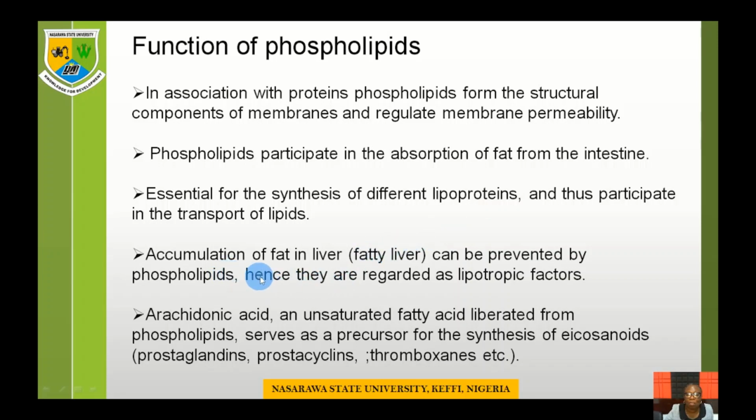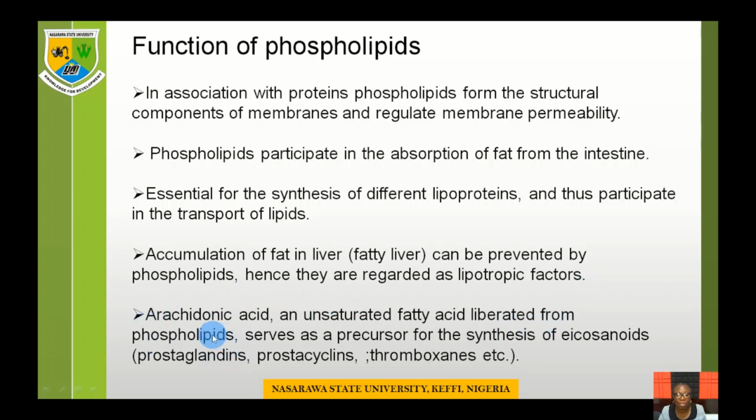Then accumulation of fat in the liver can be prevented by phospholipids. Hence, they are regarded as lipotropic factors. So they prevent accumulation of fat in the liver, or prevent fatty liver.